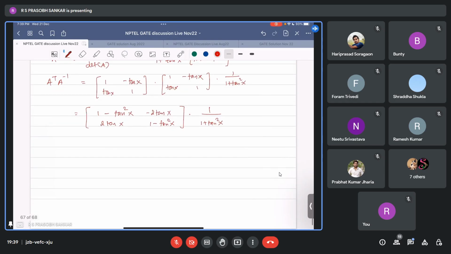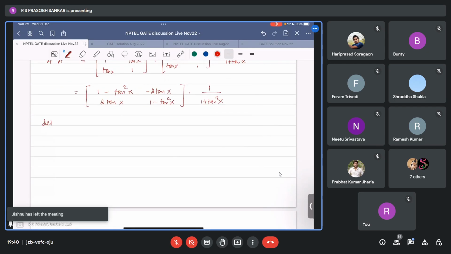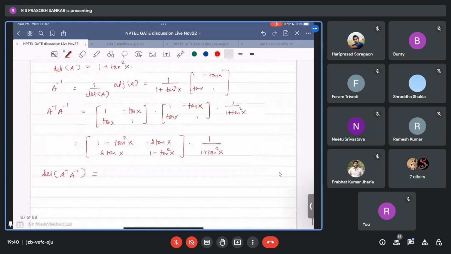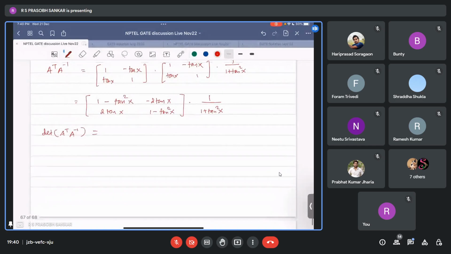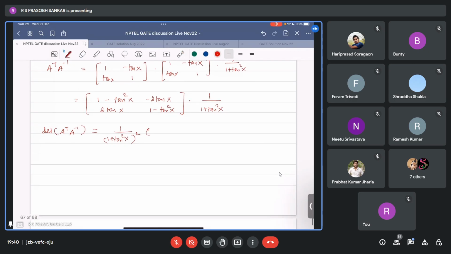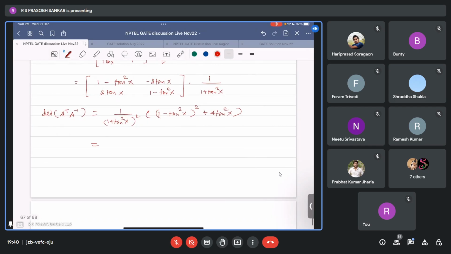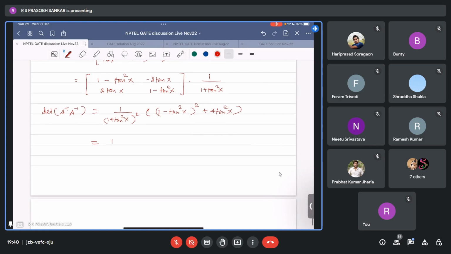Now we need to find the determinant. The determinant of A transpose A inverse is basically the determinant of this big quantity. So 1 by 1 plus tan square x, squared, will come out, and then the determinant of whatever we have here. That will be 1 minus tan square x, the whole square, plus 4 tan square x, which is basically 1 plus tan square x, the whole square.